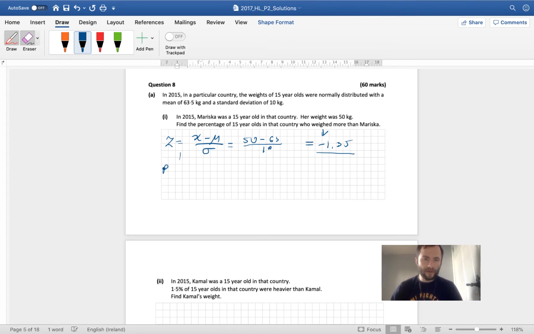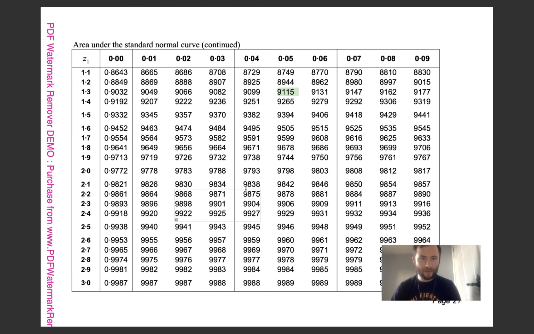The probability that a randomly selected member of the population will have weight greater than the weight described with the statistic of minus 1.35 is the same as the probability that a randomly selected member will have weight less than the absolute value of this number, so 1.35. And that probability is going to be given to us by the tables.